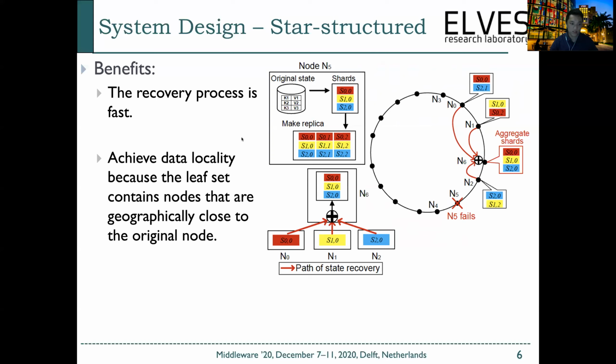The first is that the recovery process is fast, because we can fetch these states in parallel and form them into the recovered one, as this picture shows. We can also achieve data locality, because the leaf side contains nodes that are geographically close to the original node, so there is less network overhead caused by this design.